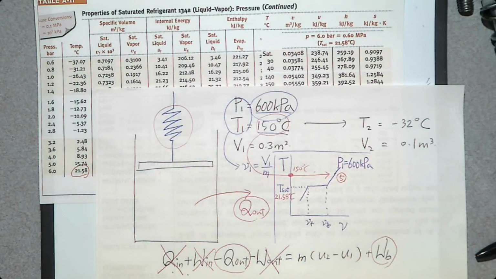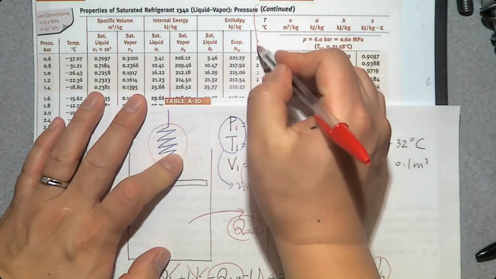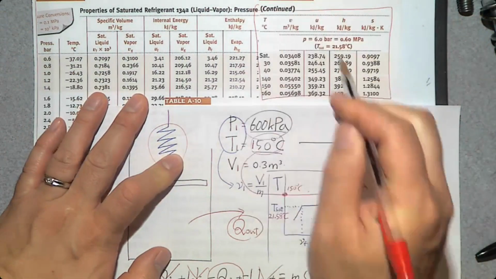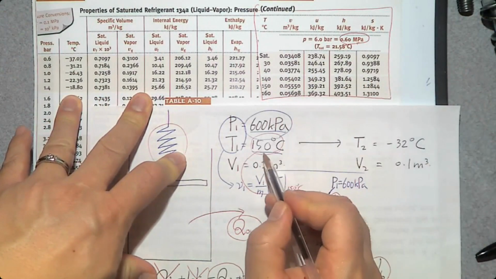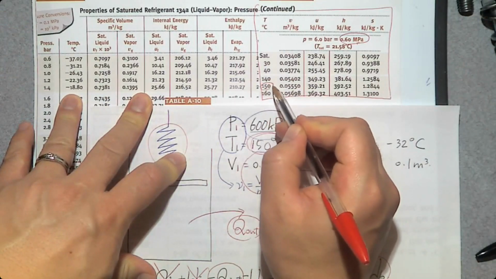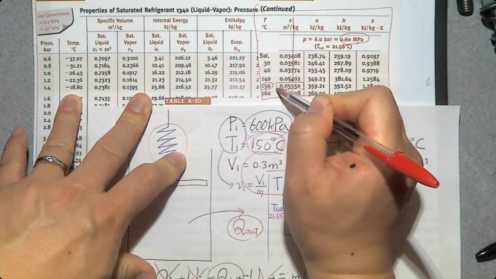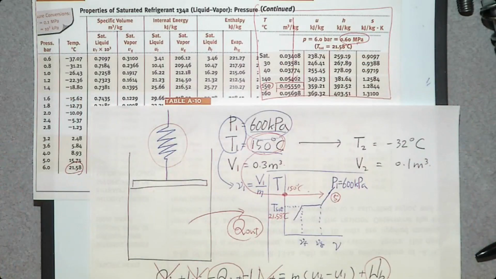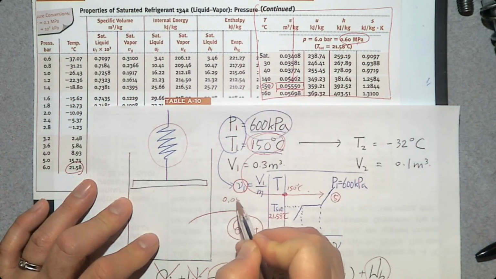So if you know you have a superheated vapor, then you can go to the superheated vapor table. Where is it? Here is the superheated vapor table, table A12. What is the pressure? 0.6 megapascal. What is the temperature? 150 degrees Celsius. What is the specific volume v? 0.0555.